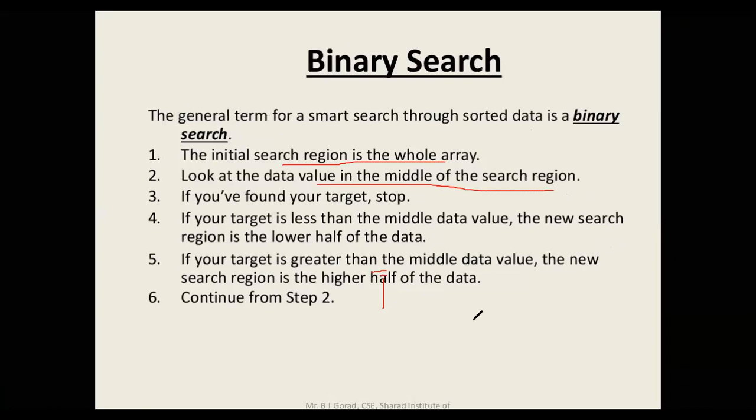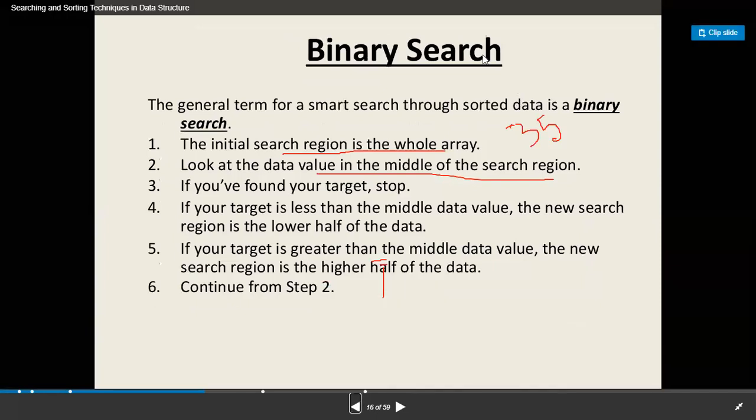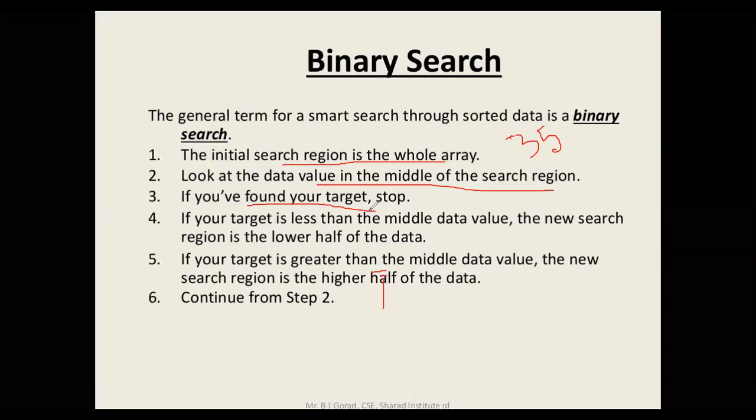We compared the value that I'm looking for, let's assume that is 35, with the middle of the region, which we assumed is 45 here. If we found our target, that means if the middle item is 35, we stop. But if we don't find our item, we check whether the target is less than the middle item or greater than the middle item.